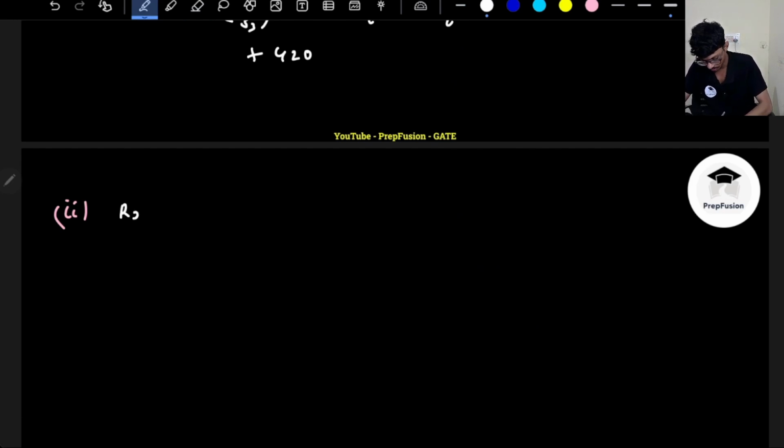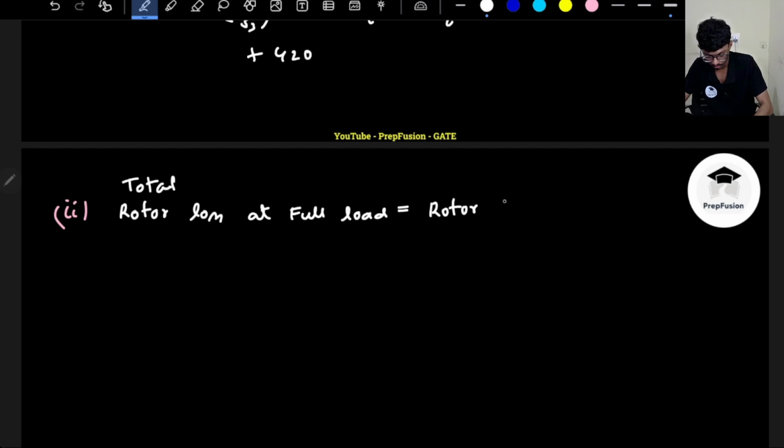So total rotor loss at full load will include the rotor copper loss plus the friction and windage loss.